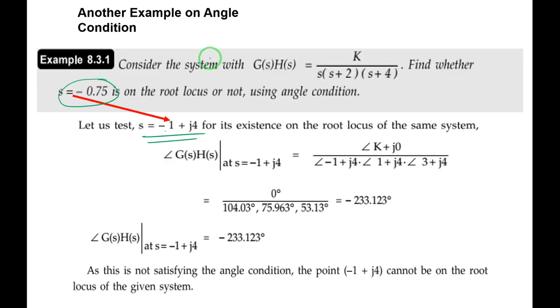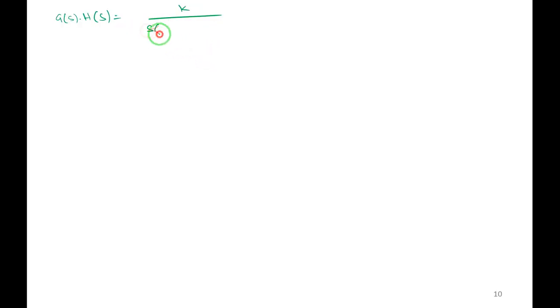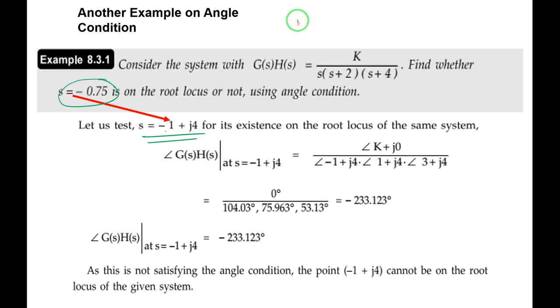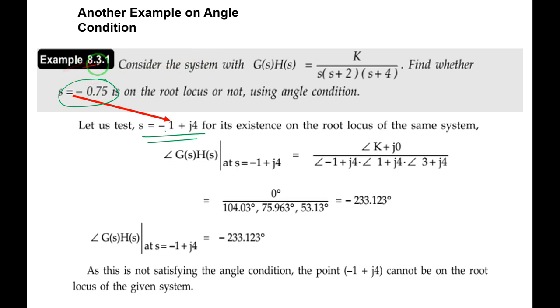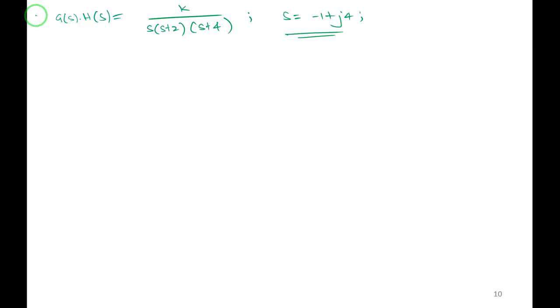So we will proceed. K divided by s into s plus 2 into s plus 4, and they have given the point s equal to minus 1 plus j4, asking whether it lies on the root locus or not.